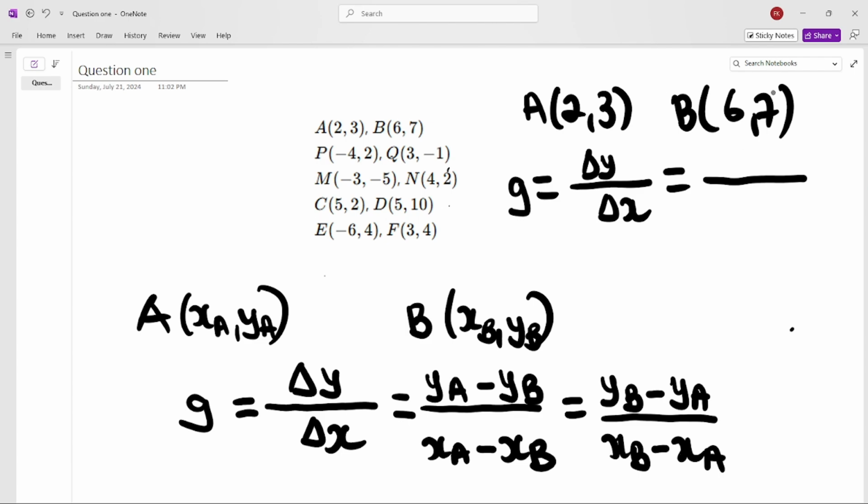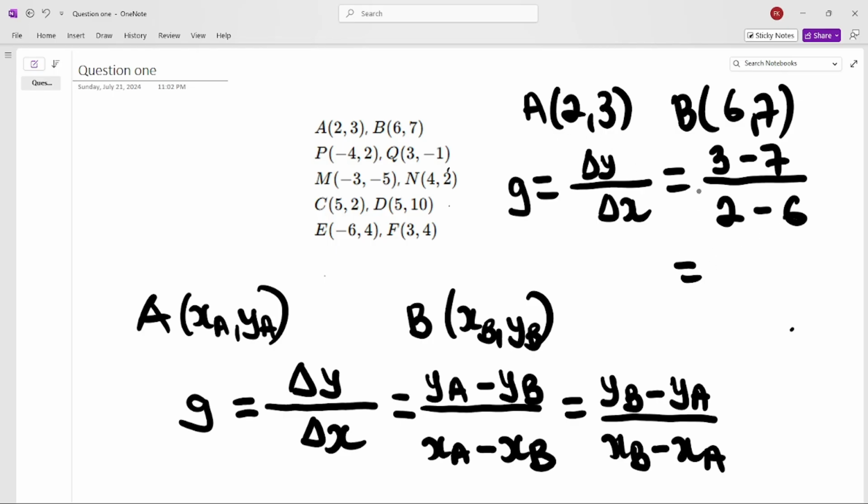I'm going to start with a, so 3 minus 7 first. That is the y for a minus the y for b. If I'm doing 3 minus 7, I'm starting from a, so when I go to the bottom, I need to start picking from here, which is 2 minus 6.